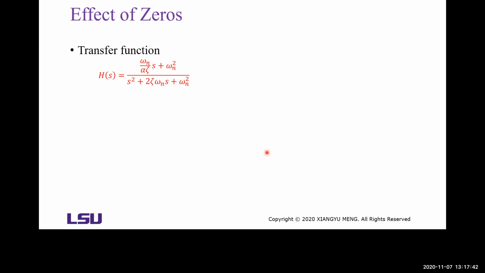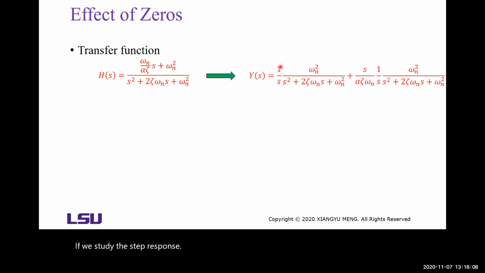Now let's look at the effect of zeros on standard second order systems with complex poles. If we study the step response, we know the Laplace transform of the unit step is 1 over S. Then the output is 1 over S times H(S).